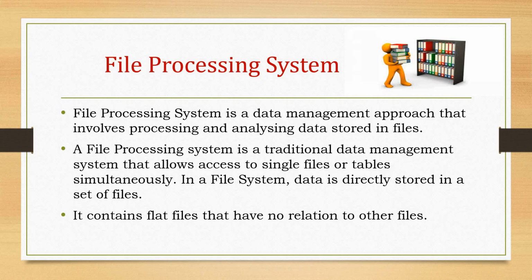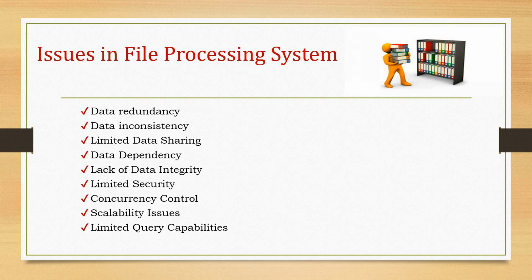The data is only stored in each and every file. Simply we can say it is a single access, with no connections between one data and another. Because of these things, we are facing many issues in the file processing system.